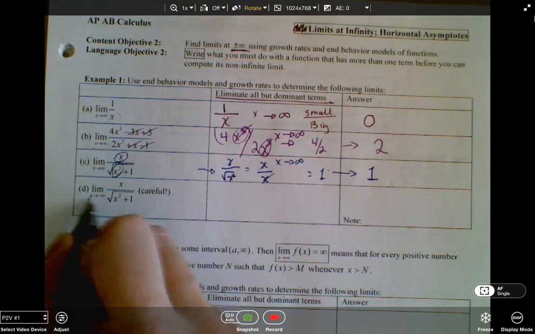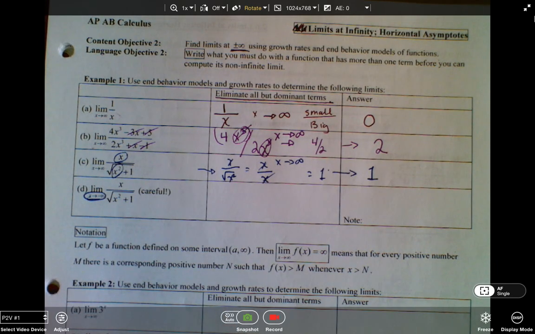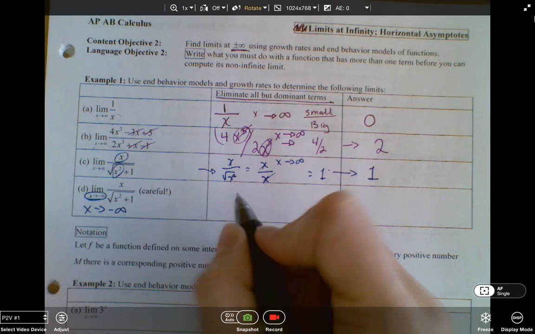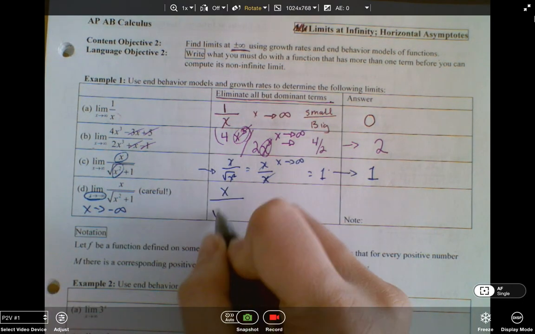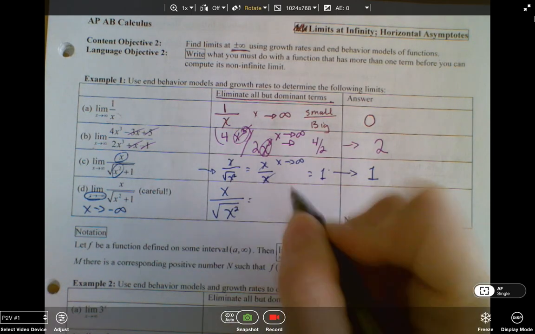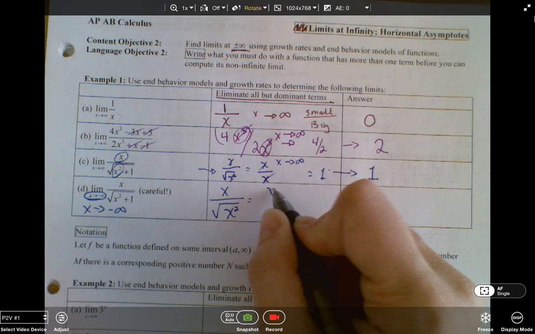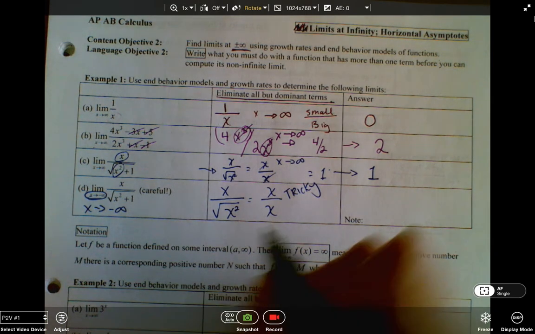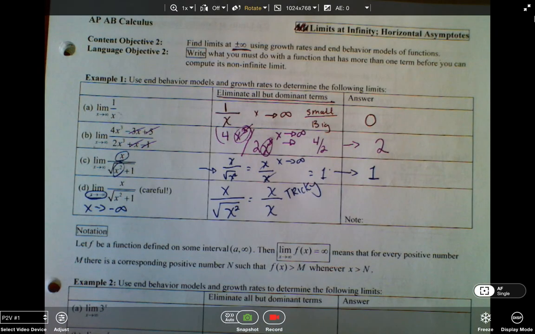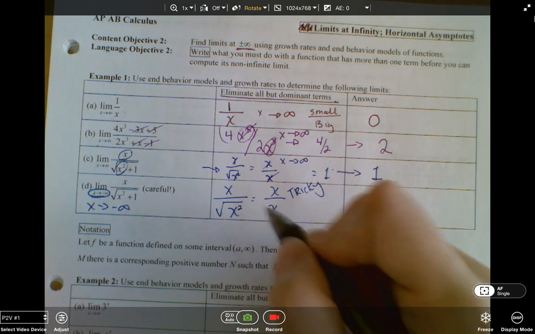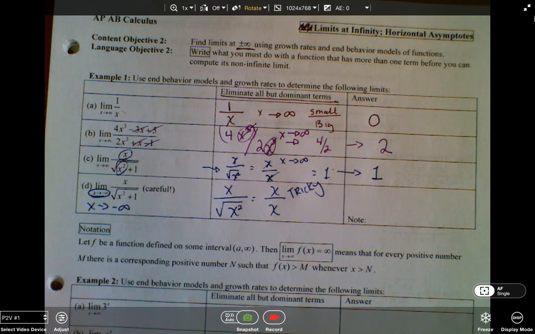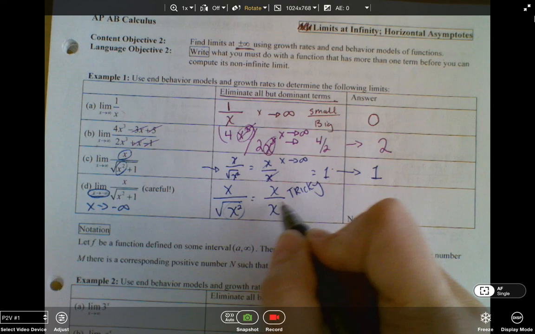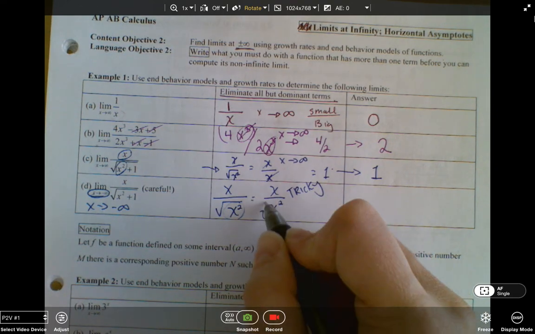This one's a little bit trickier because we're looking at the same question, but in this instance, we're going to negative infinity. This is x approaching negative infinity, so do the same thing. Rewrite it with only the dominant terms. Just going to simplify to x over x. But this one's tricky because if you plug in negative infinity into this guy, it's going to get squared and then square rooted.